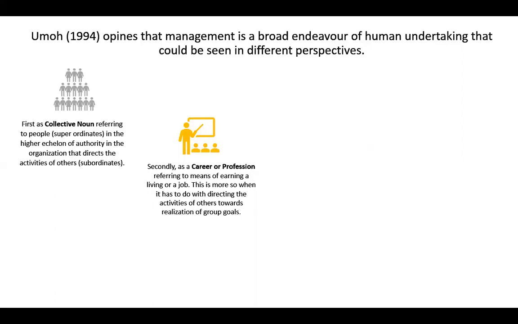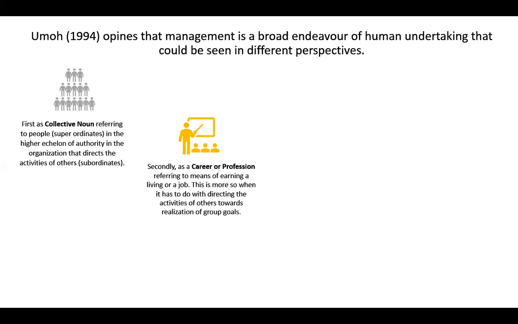Let me give a classic example. Imagine that you read engineering, and when you finished school, you worked in an engineering firm, then you left and started your own engineering firm. At the point of starting an engineering firm, putting together human, material and other resources to have an organization that is running, you become a manager, even though your background is engineering.